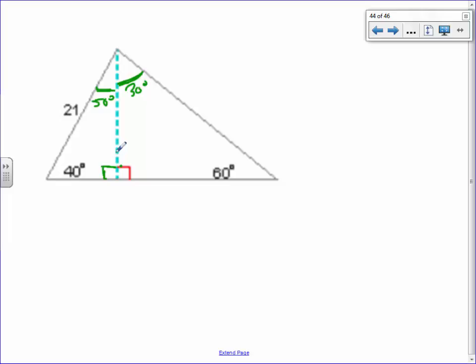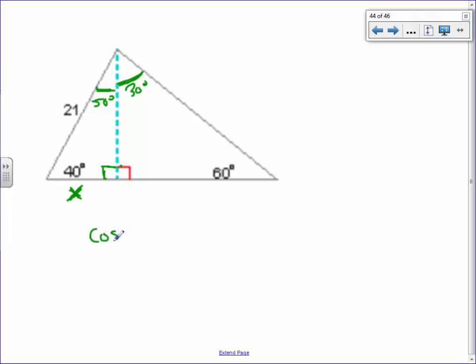Okay, well let's just start labeling for things we don't know. Why don't I start solving for this side right here? And there are so many ways I could solve for this side right here, but I'll pick one. Let's pick the 40 degrees. Compared to the 40 degrees, this would be the adjacent side, and 21 would be the hypotenuse.